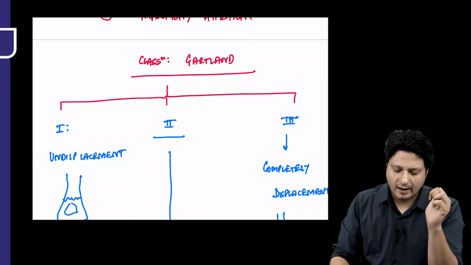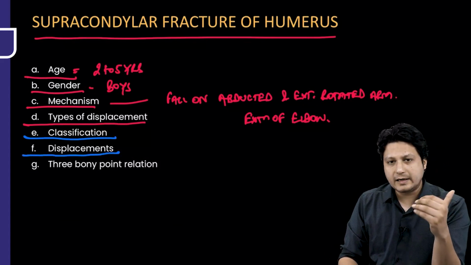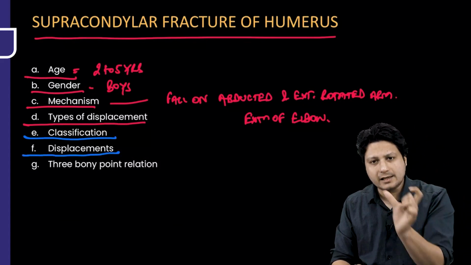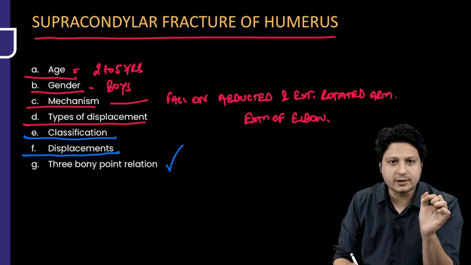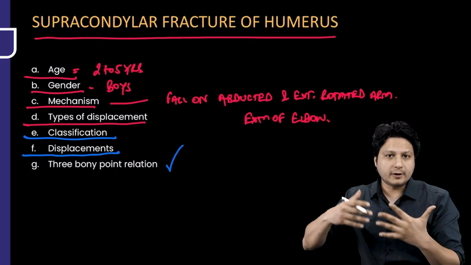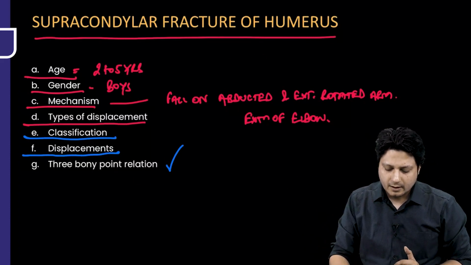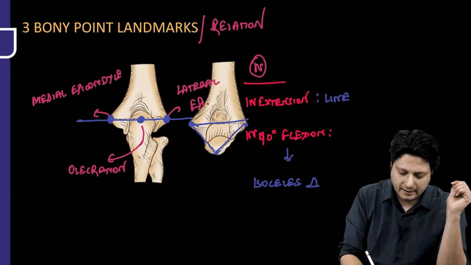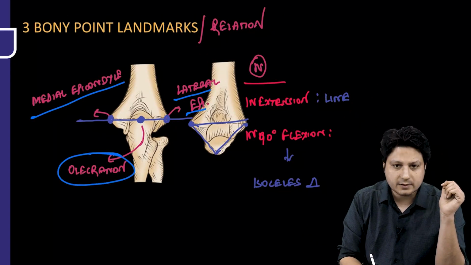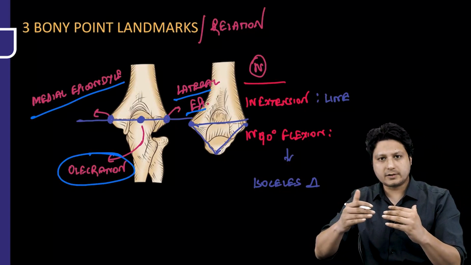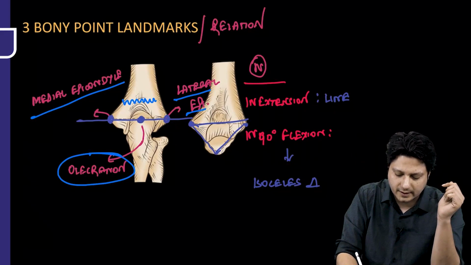Having dealt with the displacement as well as classifications, finally we came to a very important key clinical aspect of this supracondylar fracture, that is the three bony point relationship. We have already talked about this: the three bony point relationship is between the medial epicondyle, the lateral epicondyle and the olecranon process. In a supracondylar fracture, there is no involvement of these structures at all.